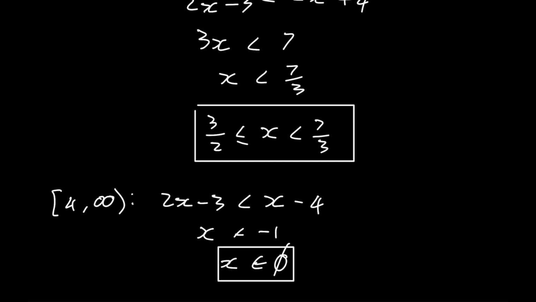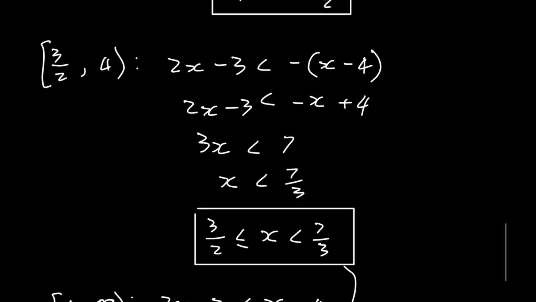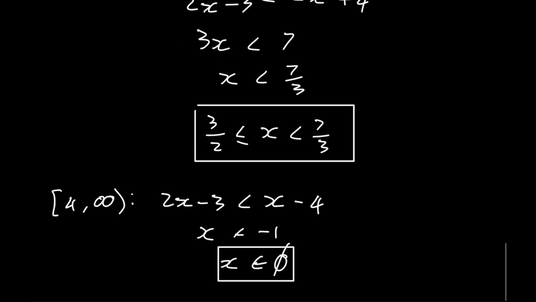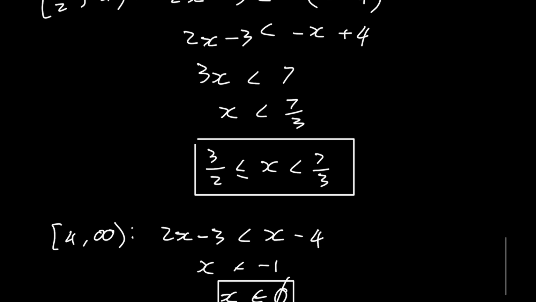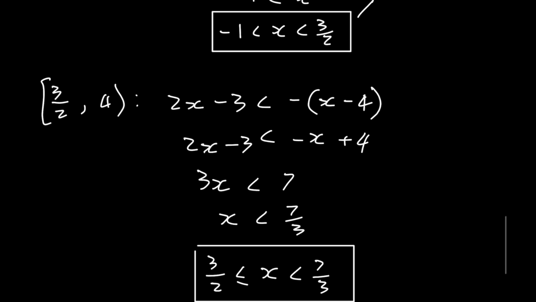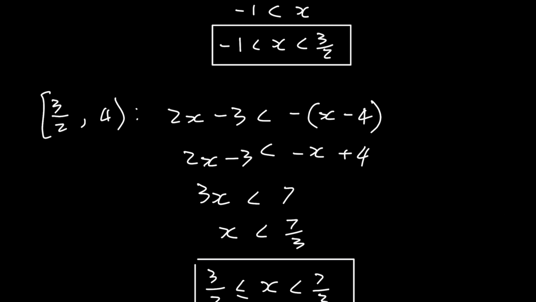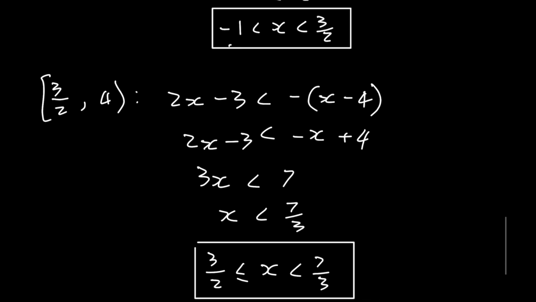All right. Now, with all these sets that we've boxed here, we have to look for the union of them now. So the empty set union with anything doesn't really solve anything, but we have to look at the other two sets. And what we notice is that we can go from negative 1 all the way to 3 over 2, and then we include 3 over 2 here, and then we go all the way again to 7 over 3.